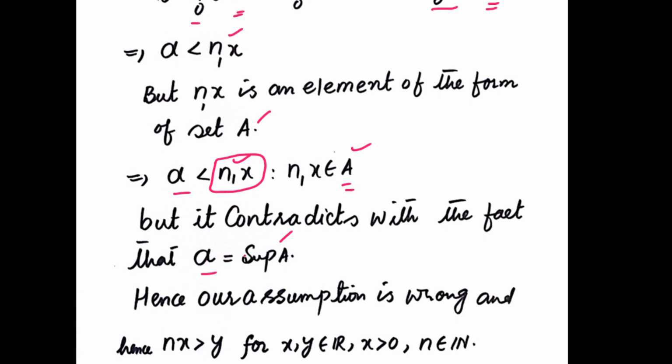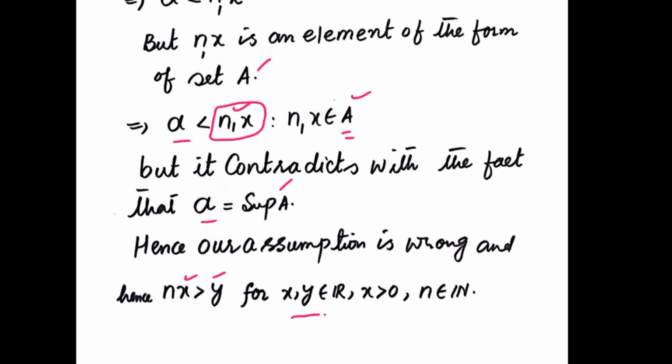So alpha cannot be the supremum of A, hence our assumption is wrong, and hence nx is greater than y for x, y belonging to R, where x is a positive real number and some n belonging to N. And this completes the proof.